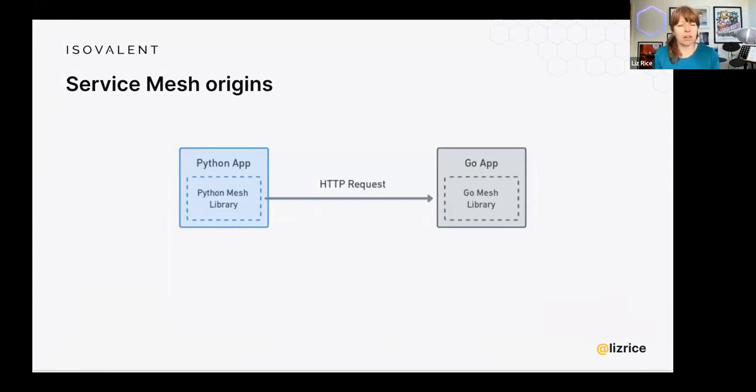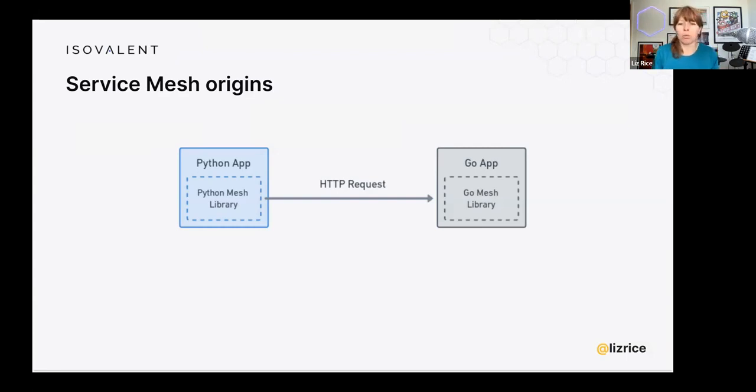So if we think back to before service meshes really were a thing, before we had this idea of sidecars, we would have application-specific code that fulfills the functions of a service mesh. So for example, in our application, we might have code that implements retries or that requires mutual TLS, mutually authenticated secure connections.